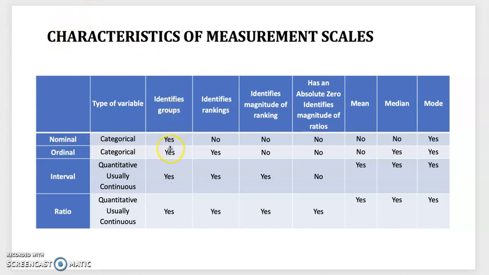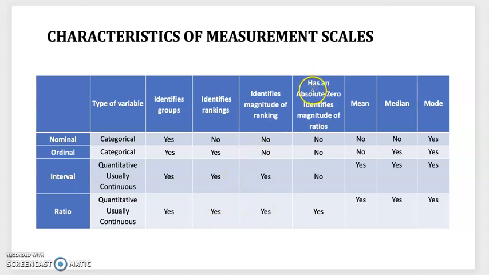So we can identify the group, and for the ordinal we can identify the rank. We can identify the magnitude of the ranking, but for nominal and ordinal we cannot do that, while we can for interval and ratio.